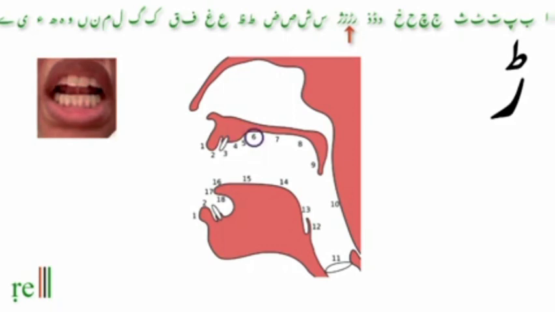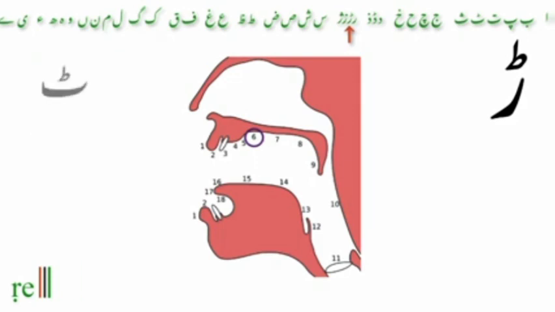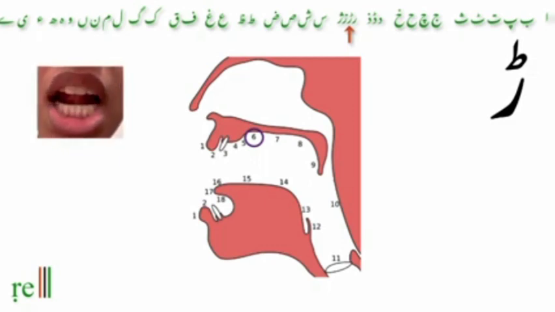Notice how many letters begin with the tongue in this exact position. They're all the hard letters. Te, dal, re. So get familiar with placing your tongue in this position.